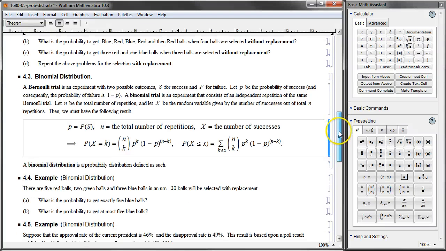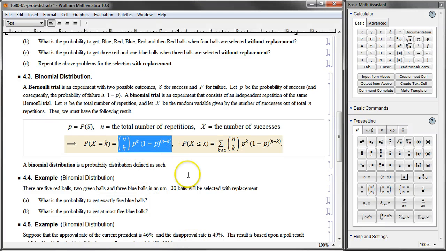Let's go over to an example problem. There are 5 red balls, 2 green balls, and 3 blue balls. 20 balls will be selected with replacement. What is the probability to get exactly 5 blue balls? Okay, exactly 5 blue balls. 3 blue balls out of a total of 10, so the probability p is 3/10, 0.3, but exactly 5 blue balls.